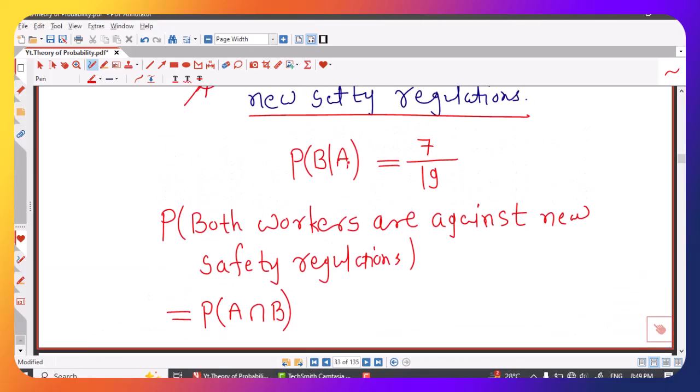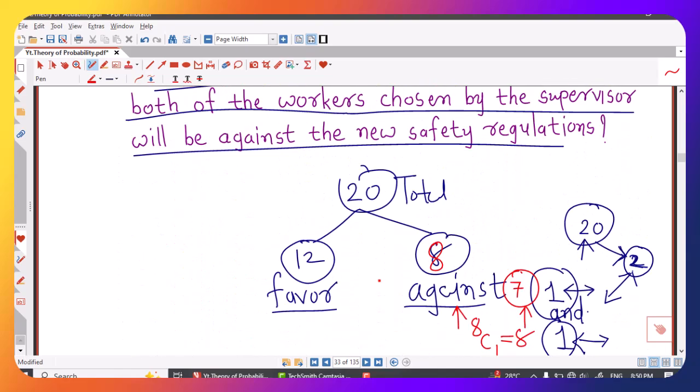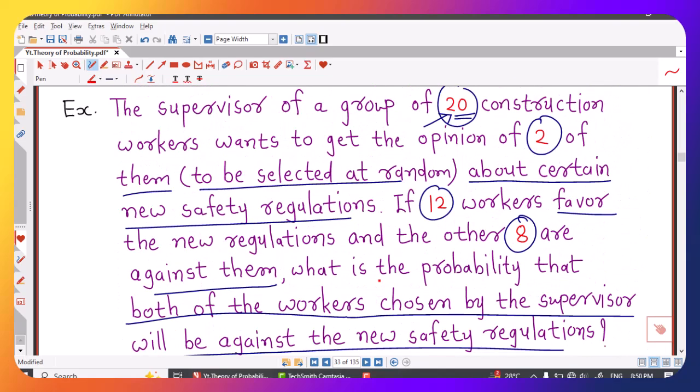So that is nothing but probability of A intersection B, and by the multiplication rule of probability, this is probability of A times probability of B given A. Probability of A is 8 by 20 and probability of B given A is 7 by 19. And here we can cancel out 4 into 2 is 8, here 5 into 4, and here we have 14 divided by 95. So this is an application of the multiplication rule of probability.